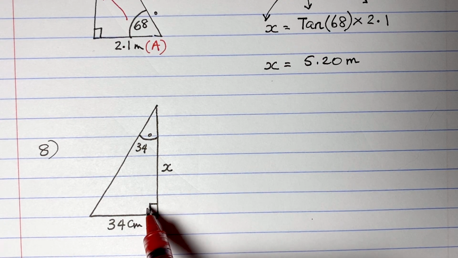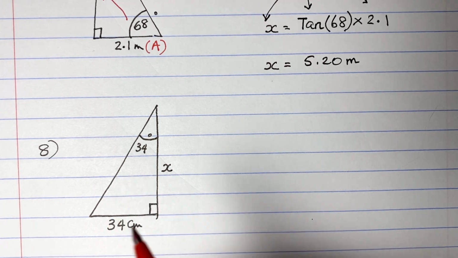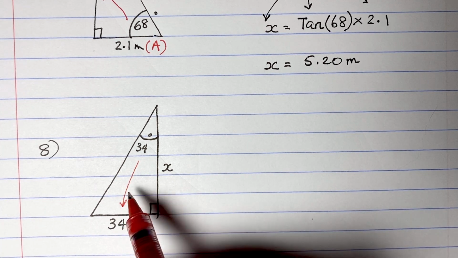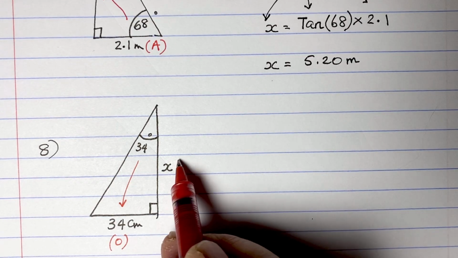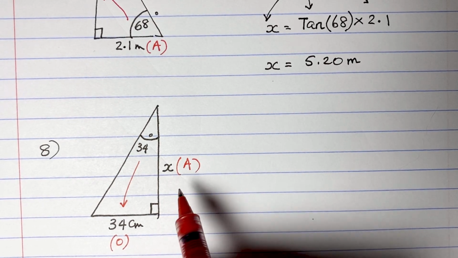Let's label. Hypotenuse, not given, not needed, forget it. Opposite 34, as it happens, 34 centimeters, nothing to do with that. So this is the opposite, and this would be the adjacent.